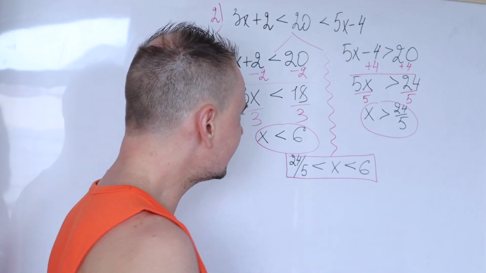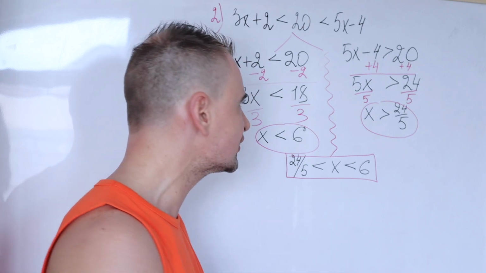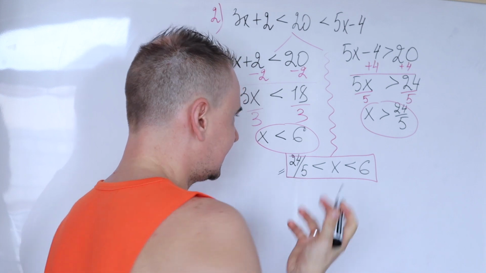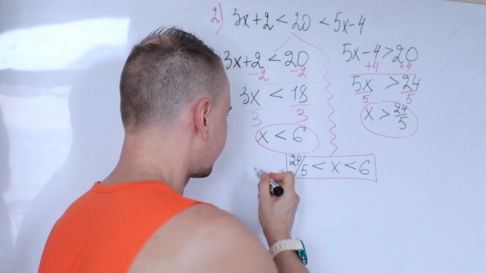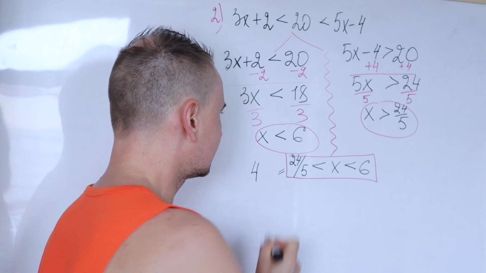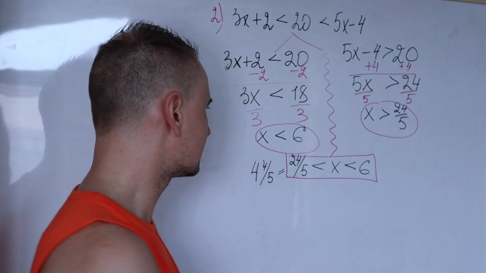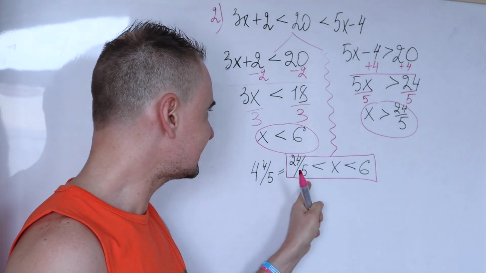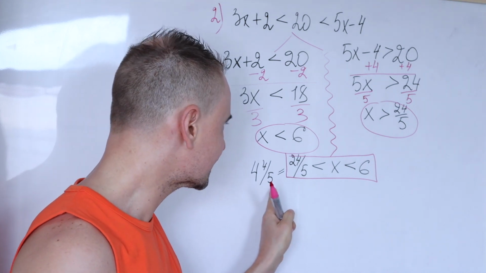Look at this number, 24 over 5. This is an improper fraction, and we could get the whole part since 5 goes into 24 4 times, leaving 4/5. So it's the same as 4 and 4/5.